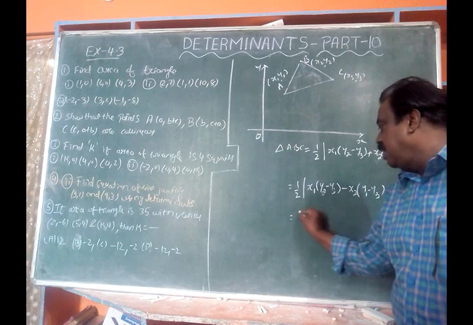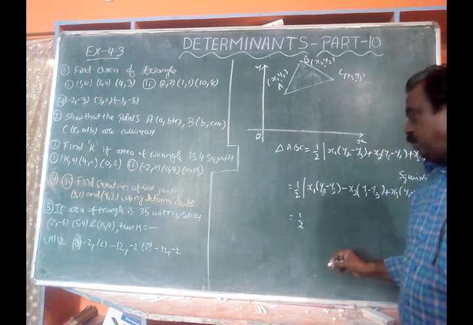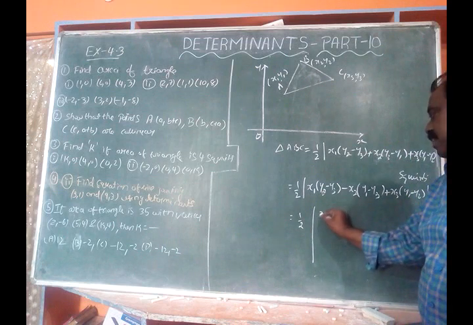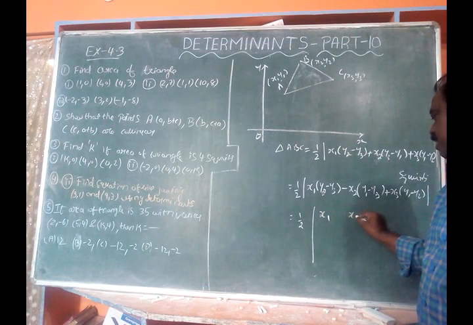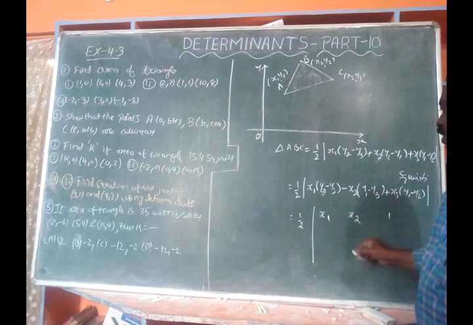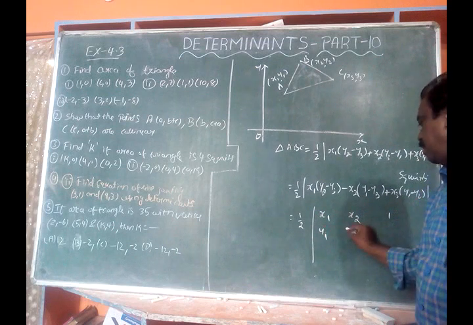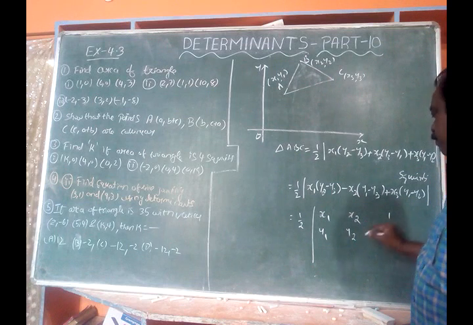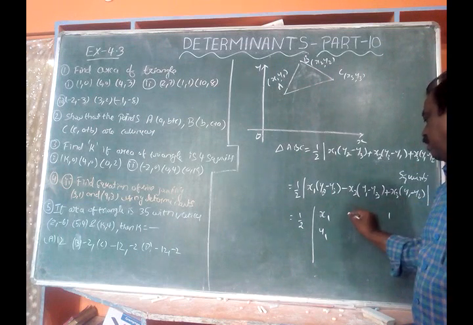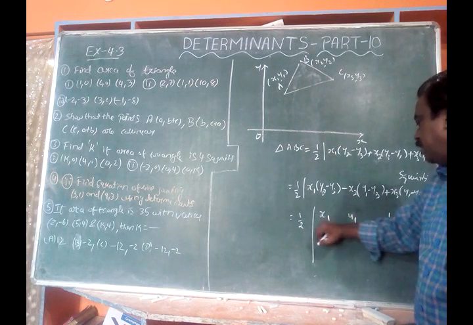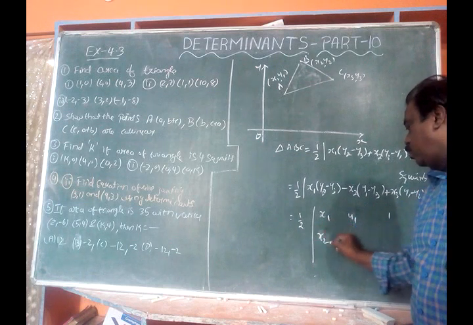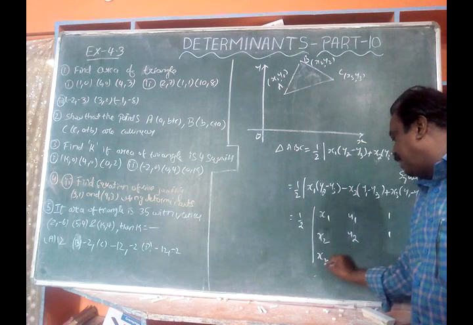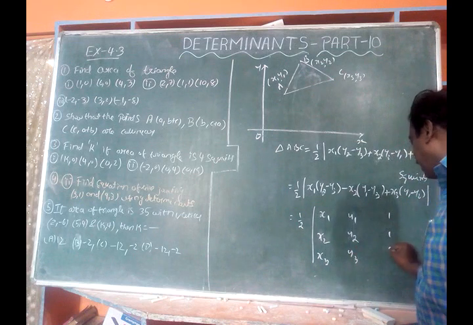Now it is 1 by 2. We may write it as a determinant: x1, y1, 1; x2, y2, 1; x3, y3, 1.